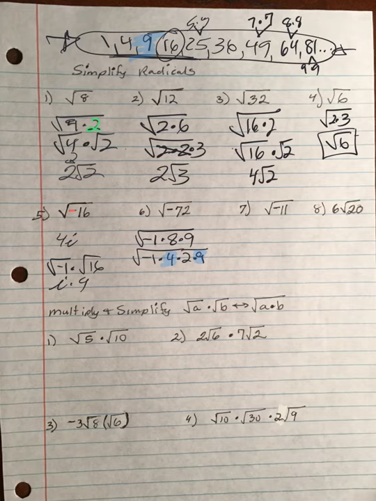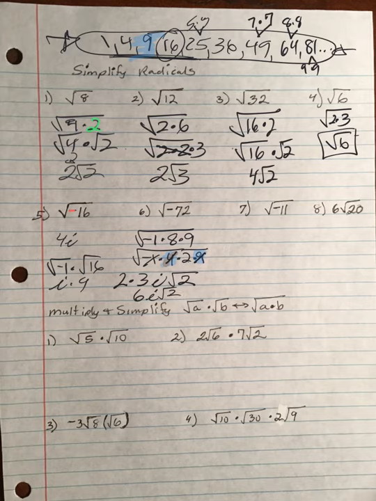So you can cross it off and say square root of 4 is 2, square root of 9 is 3, square root of negative 1 is i, and so that's going to give us, with a 2 left under the radical, our final answer: 6i square root 2.